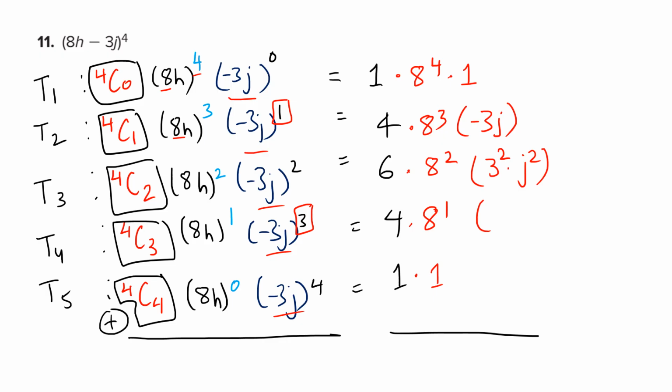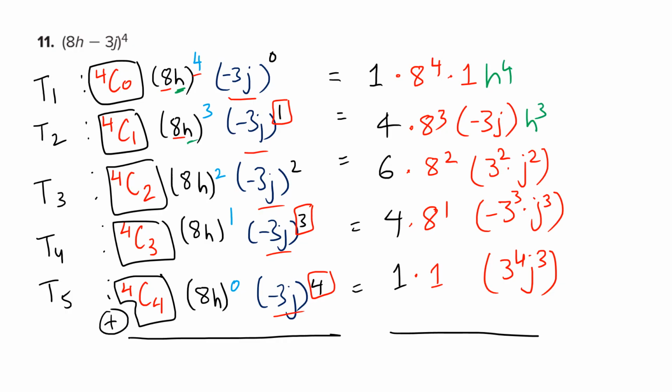Similarly here, minus 3 cubed will give you negative, so it will be minus 3 cubed, 3 times 3 is 9, 27 j cubed, and here it will be positive because this is an even power, so 3 to the power 4 j^4. Now we also have to put the powers of h, so h^4 here, how much here, h^3, how much here, h^2. You can put it here, anywhere, it is commutative, no problem.